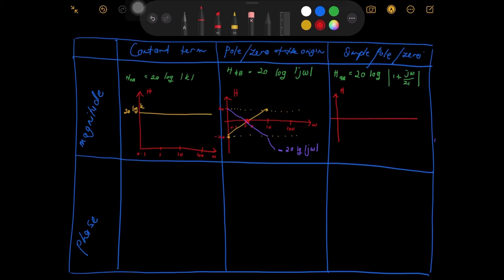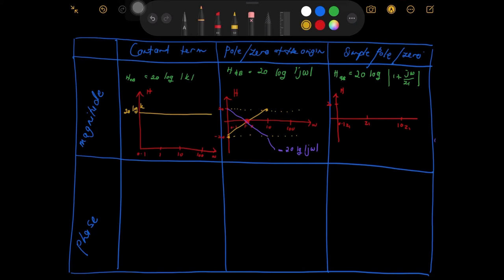For example, if your Z1 is 1, you will start plotting from 0.1 and end at 10.